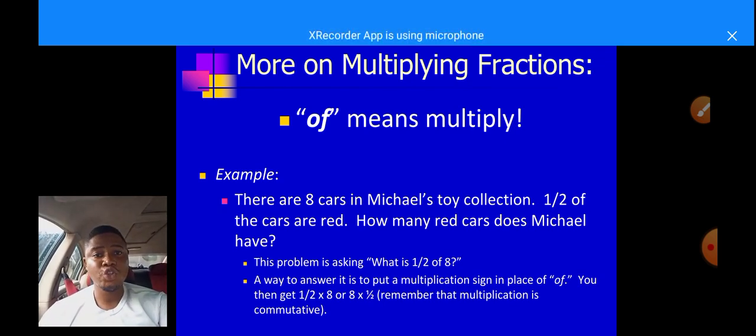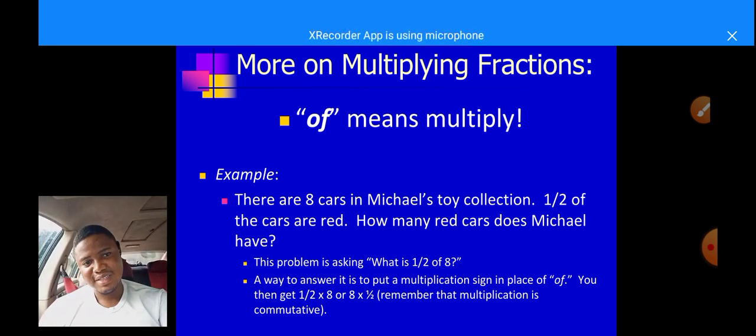Don't forget that. What do I mean by commutative? If we have 16 times 2, it's the same thing as 2 times 16. 10 times 8 is the same as 8 times 10, 9 times 5 is the same as 5 times 9.